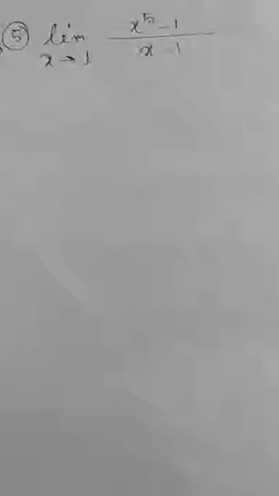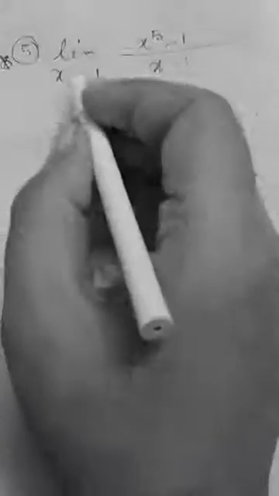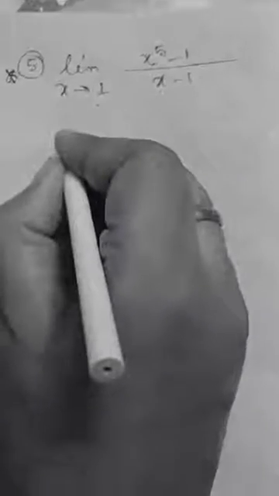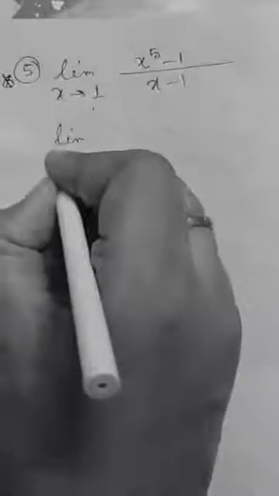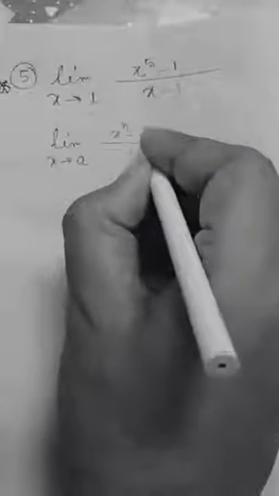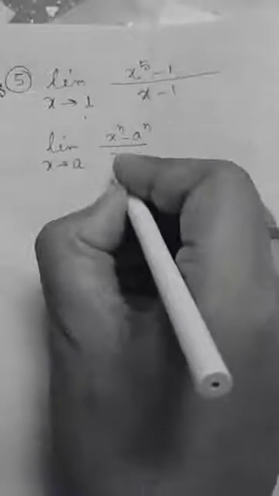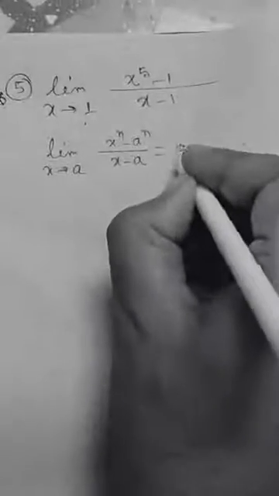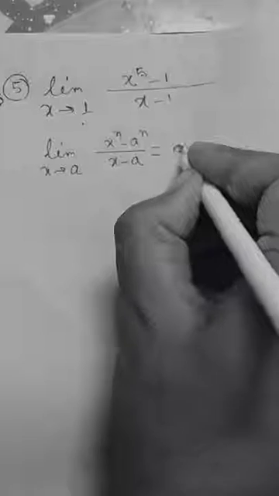Next problem is limit x tends to 1, (x to the power 5 minus 1) by (x minus 1). We know the formula: limit x tends to a, (x to the power n minus a to the power n) by (x minus a) is equal to n into a to the power n minus 1.